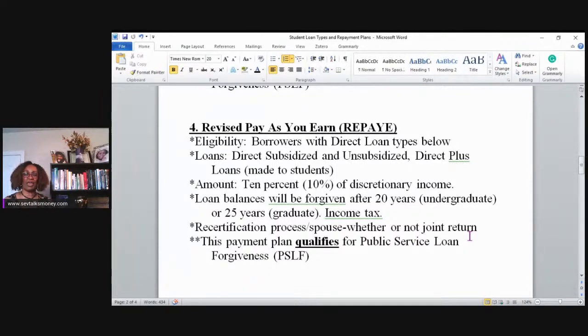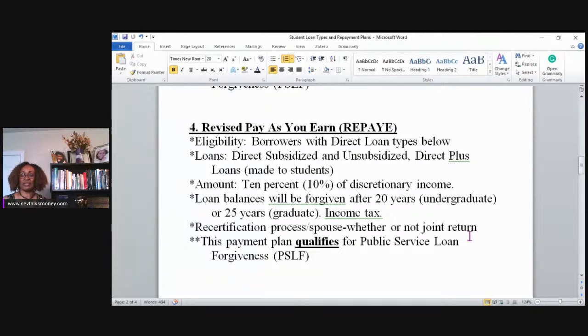Typically, the amount that you're going to pay is 10% of your discretionary income, and discretionary income is income after you've taken care of the basics. Well, let me back up. Discretionary income is calculated differently by different industries. For your student loans, it's what's left after you've paid taxes and you've taken care of home, food, and shelter.